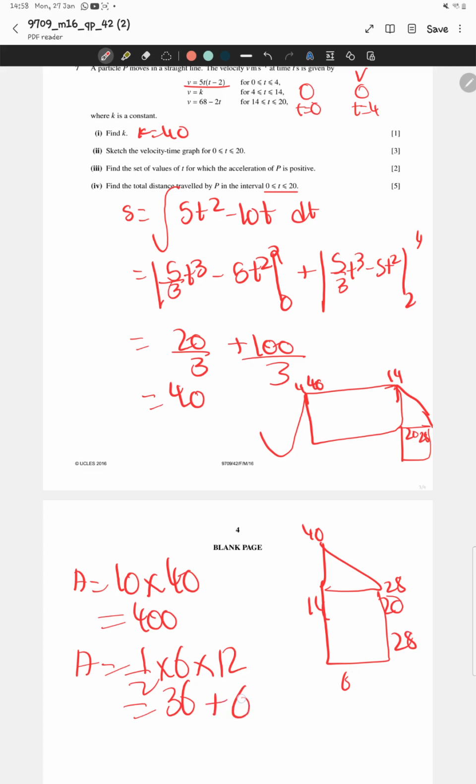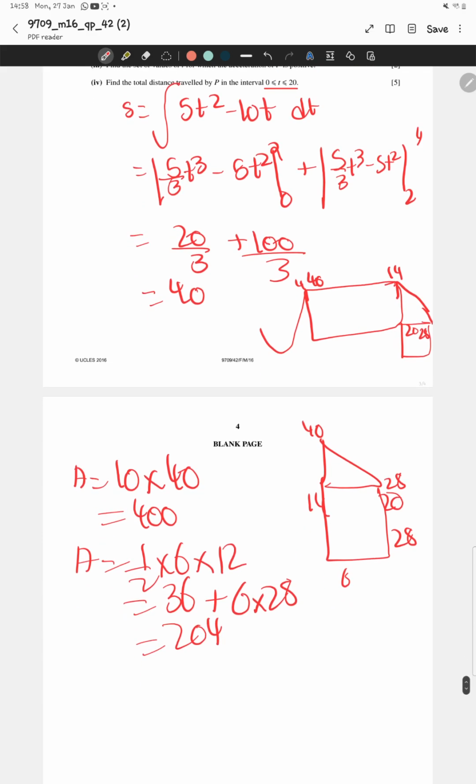So plus 6 times 28. 6 times 28 plus 36 equals 204. So you just combine all of this. You combine this, this, and this, and you get 644 meters as your total distance.